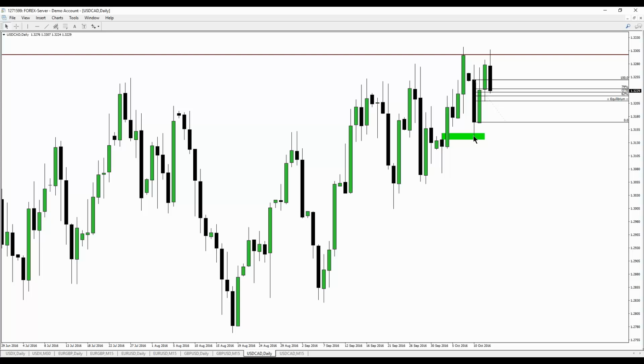Higher prices or lower prices? Again, this is a daily chart. Higher prices.